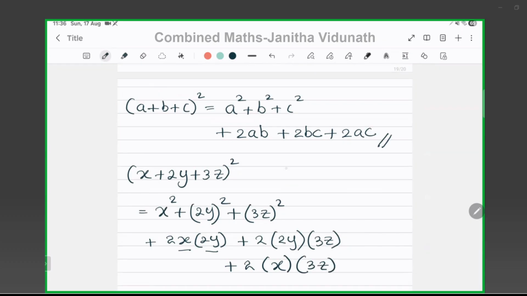We get all the combinations that can be formed by using these three. That is xy and yz and xz.